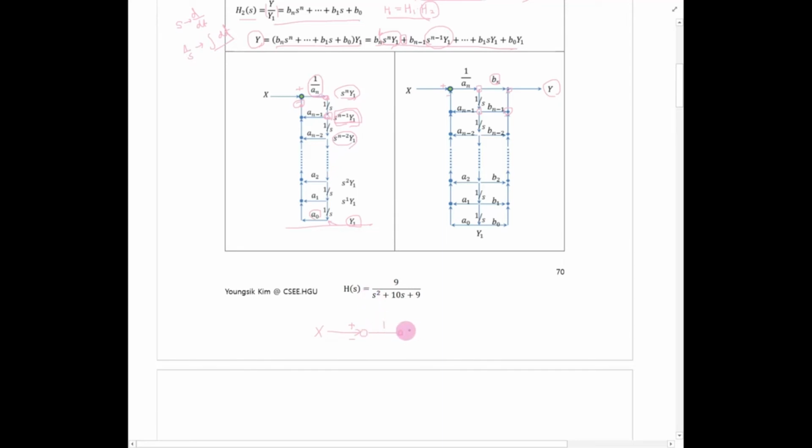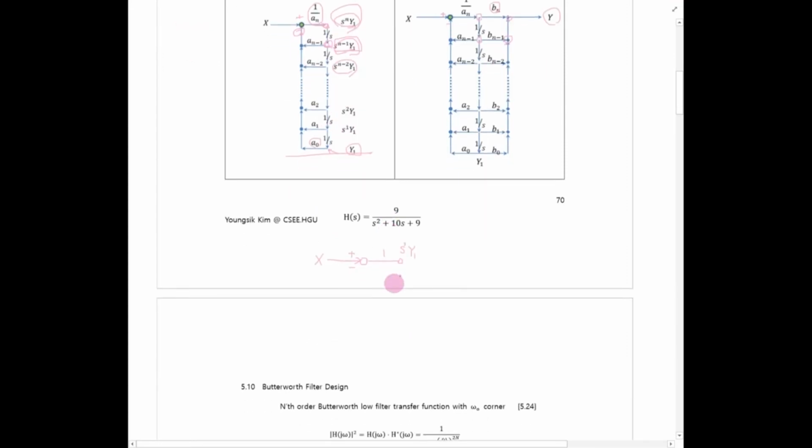Okay, this one is s^2 y1. So that's this part. At this moment n is 2, and this one is integrated, 1 over s.